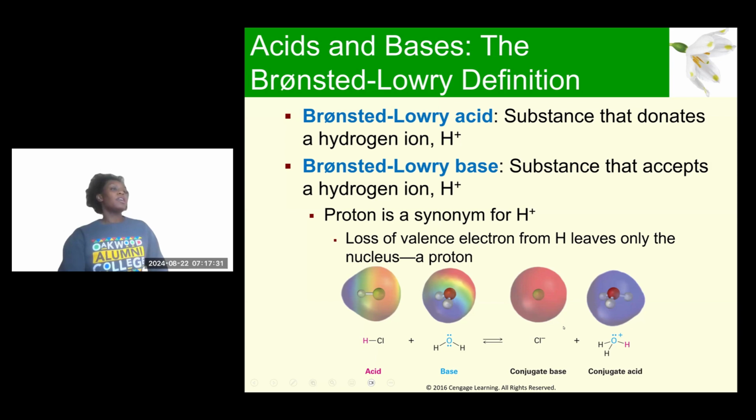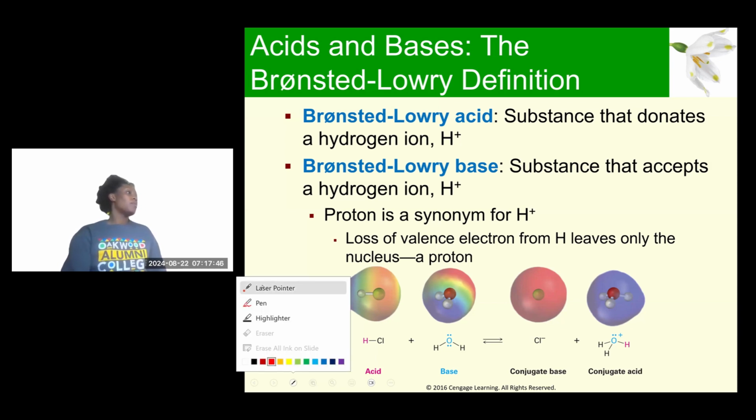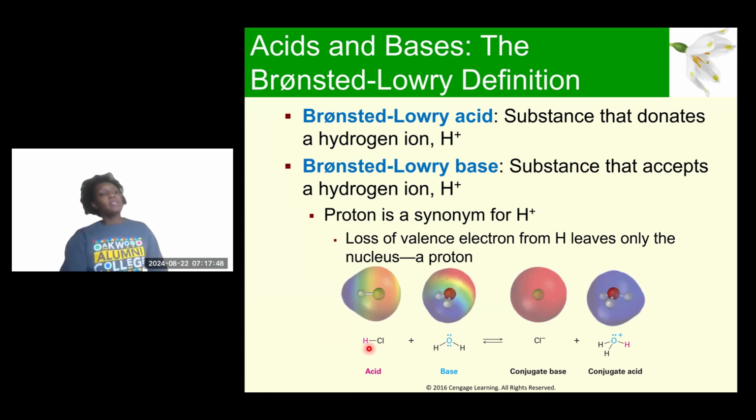So if we're looking here, and we see that we have hydrochloric acid here, you have water here. If you're comparing for the other side, you'll notice, and let me get my laser pointer, you'll notice that this substance, when we're looking at the substance on this side, has lost the hydrogen.